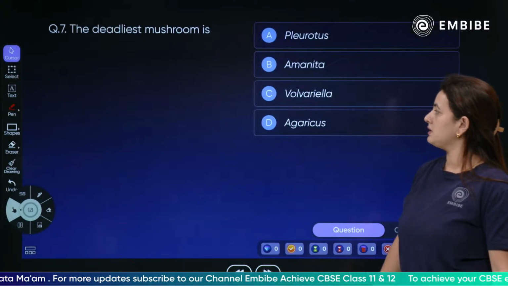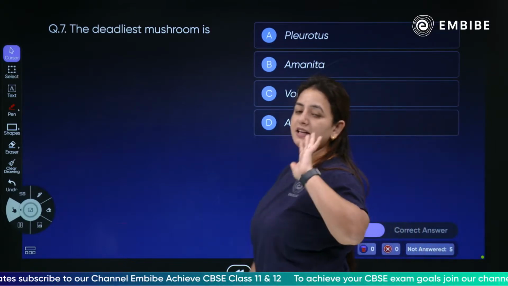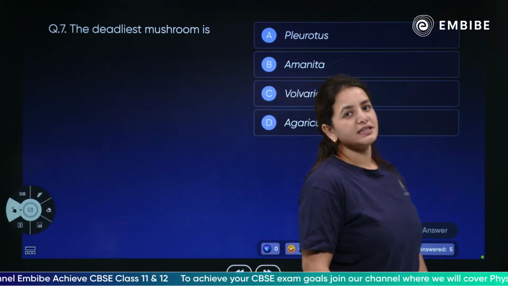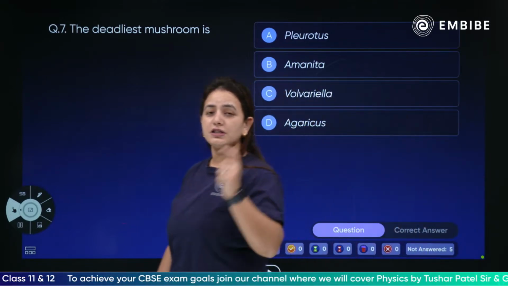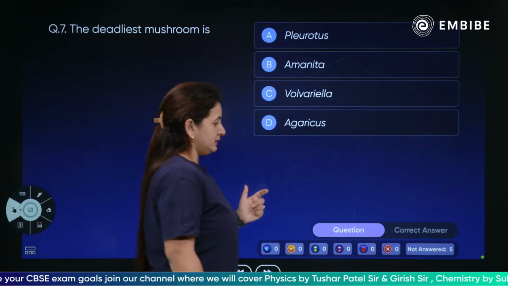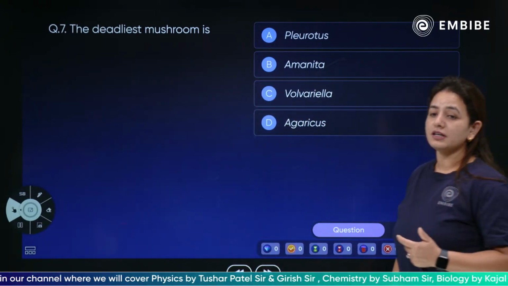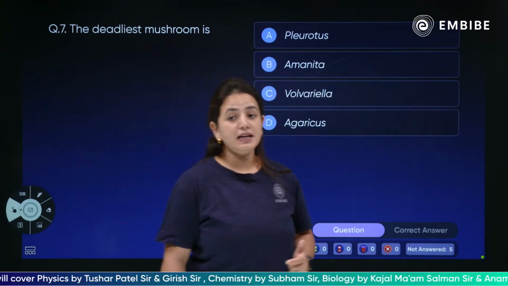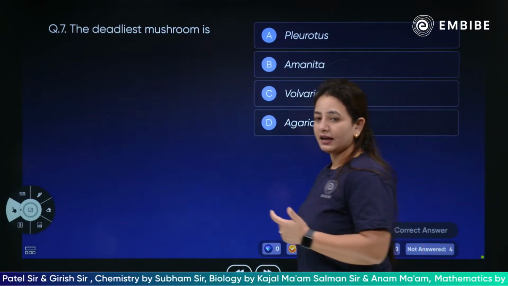Now the deadliest mushroom, this is so easy. Which among these are the deadliest mushroom? You still haven't told me which chapter is going on in your class. The deadliest mushroom among Pleurotus, Amanita, Volvariella, Agaricus. Deadliest means it is basically poisonous, of course. If you eat it, we can die.